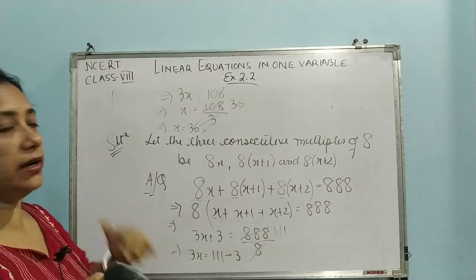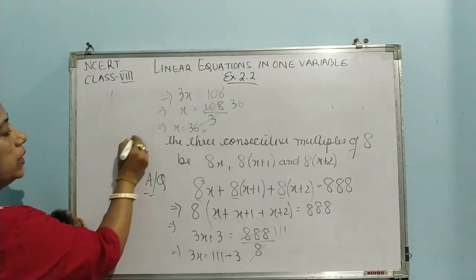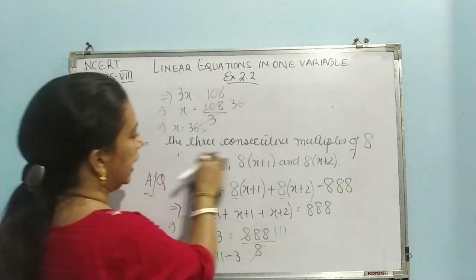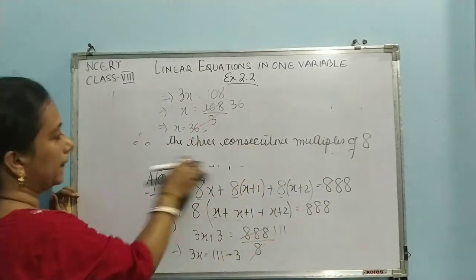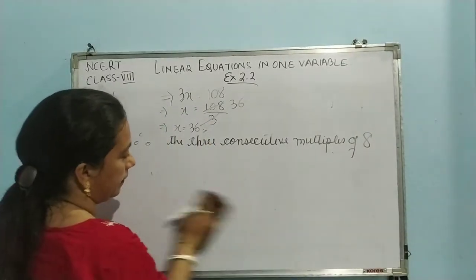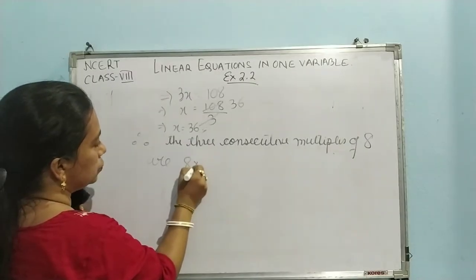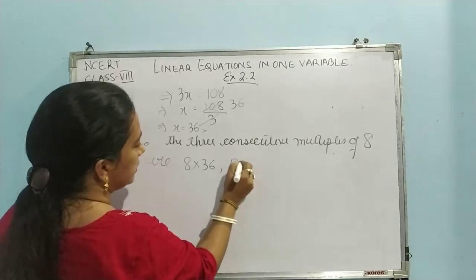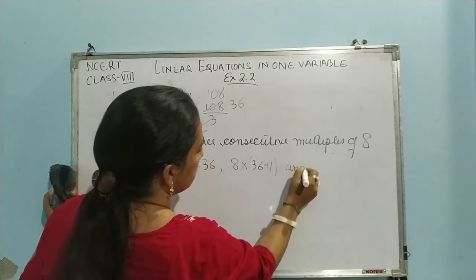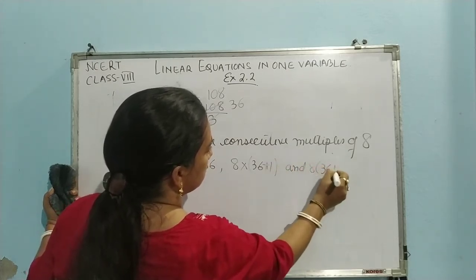Now we need to find out the three consecutive multiples, isn't it? So we can write, therefore the three consecutive multiples of 8 are 8 into 36, 8 into 36 plus 1, and 8 into 36 plus 2.